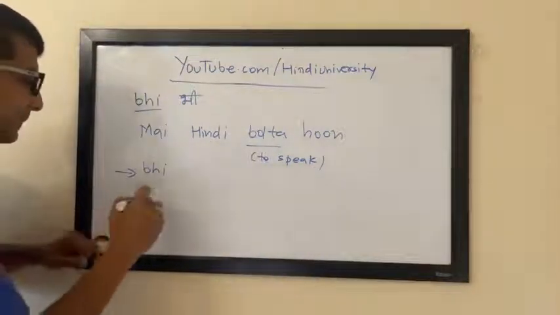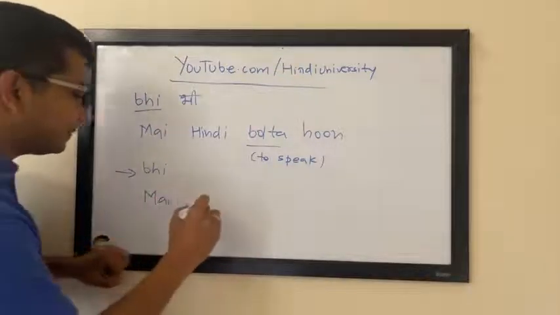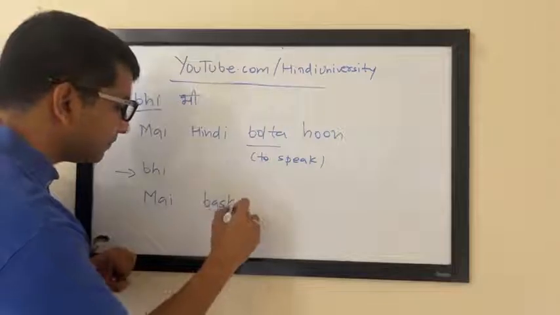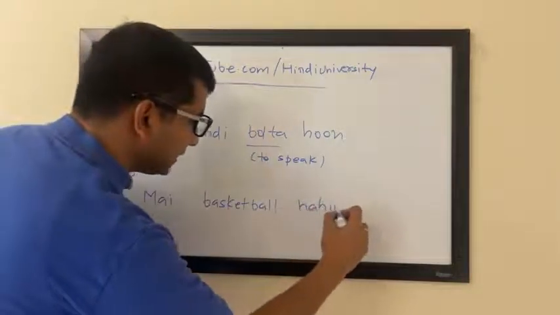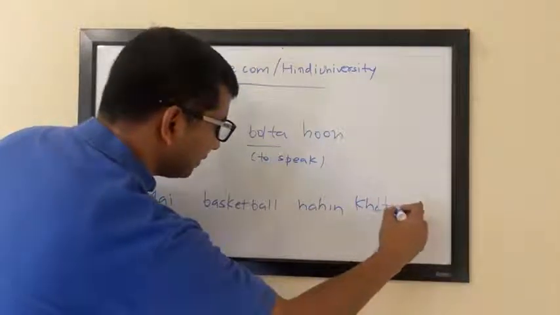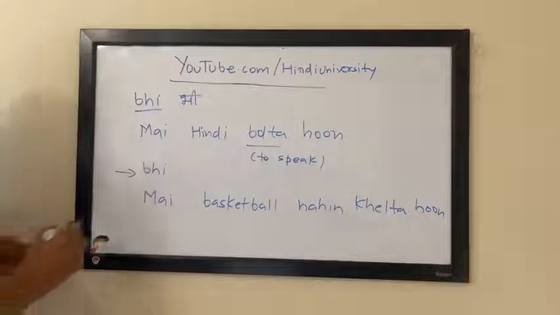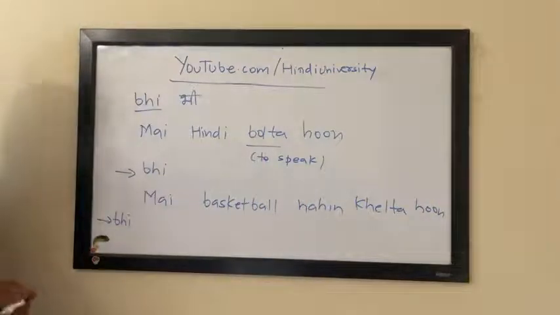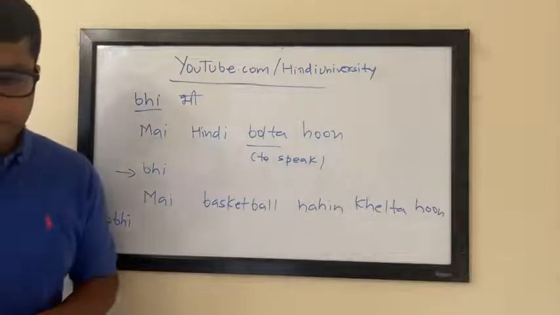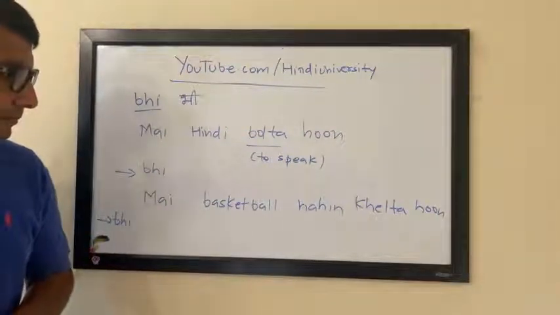Okay. Let's say, मैं बास्केटबॉल नहीं खेलता हूँ. Again, you have to put भी anywhere in this sentence and tell me what it means, both before and after. मैं भी basketball नहीं खेलता हूँ.